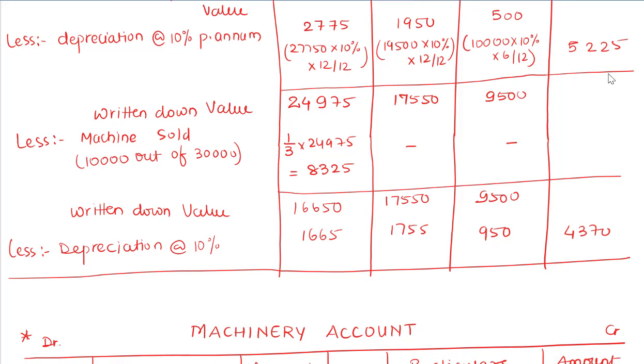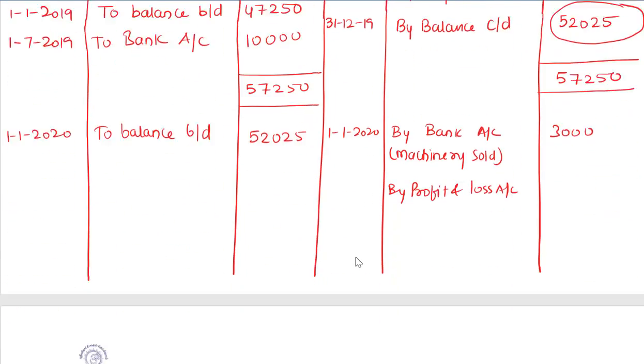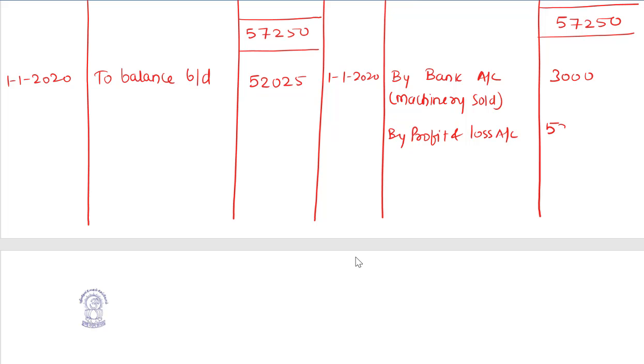What is the loss amount? The machinery value is 8,325, but it is actually sold for 3,000. So 8,325 minus 3,000 is 5,325.